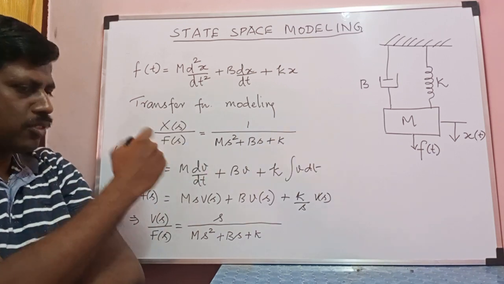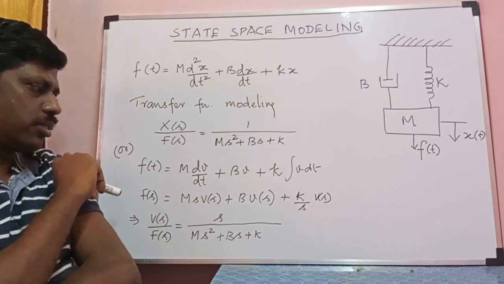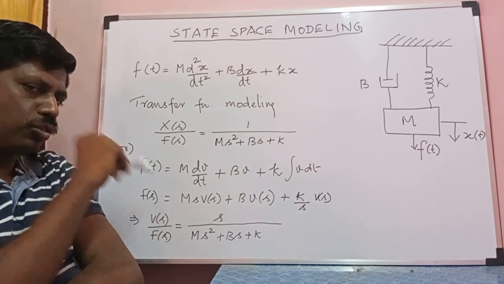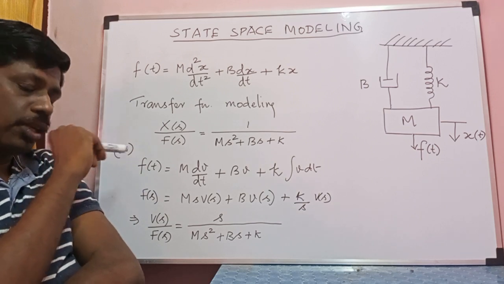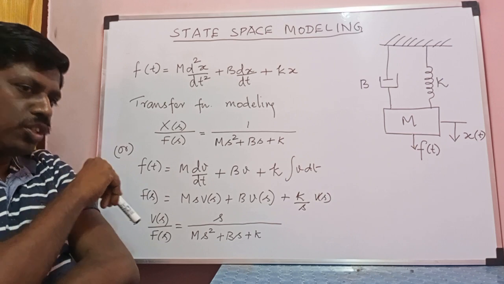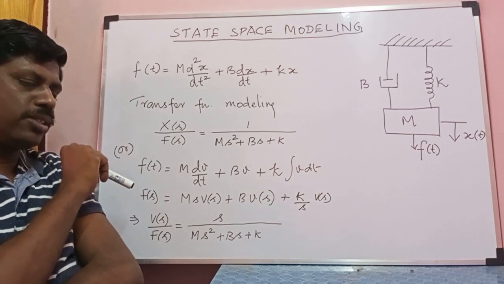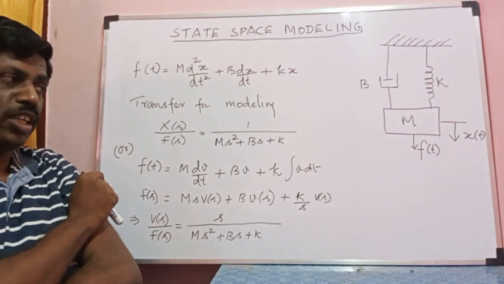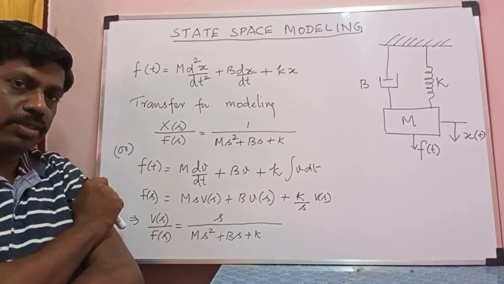And the other thing is, when we define the transfer function, we define it as the ratio of the Laplace transform of the output to the Laplace transform of the input. The important condition is that the initial conditions should be 0. But that may not be true in all cases.